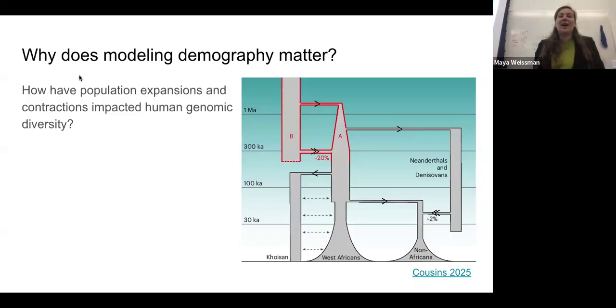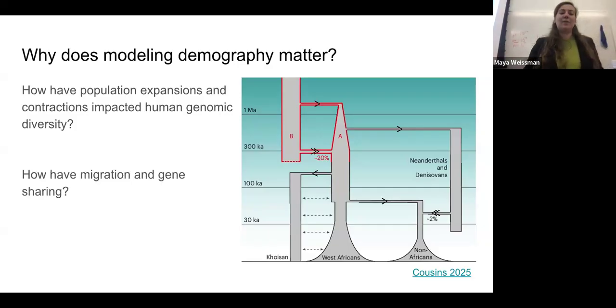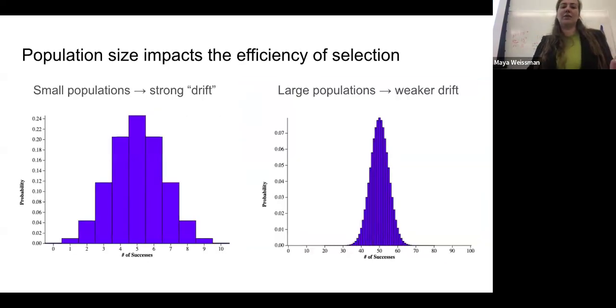So anyway, we might want to think about how population expansions and contractions have impacted human diversity. We started with a small population and then we expanded out into a larger one. And how have migration and gene sharing between distinct populations been important? We've talked about this a lot, but I'm going to continue hammering it home.